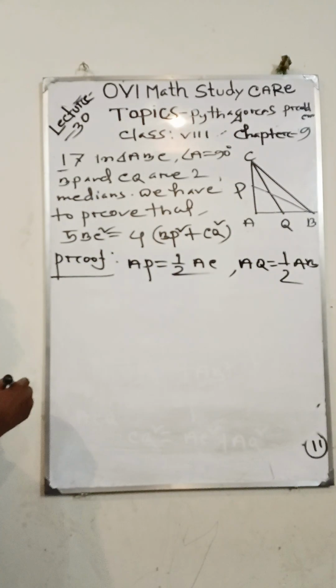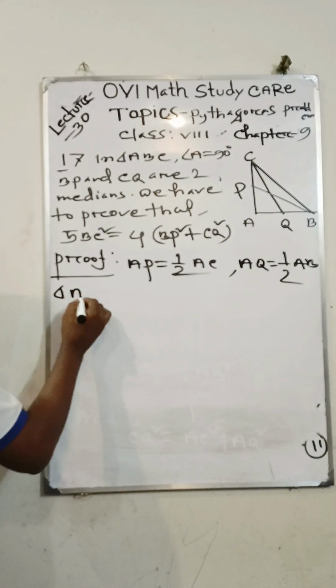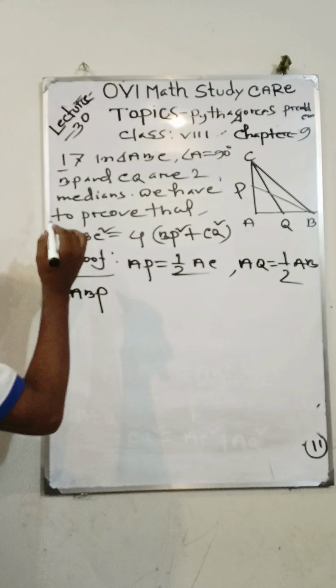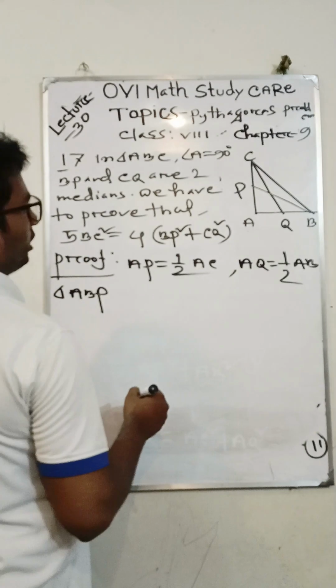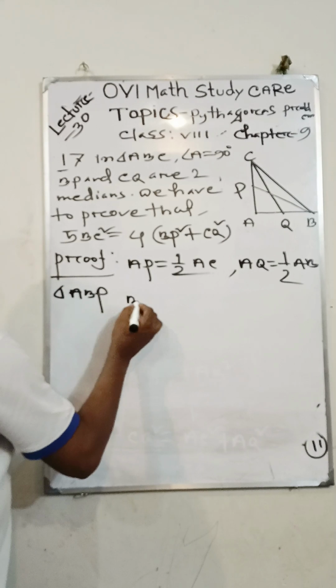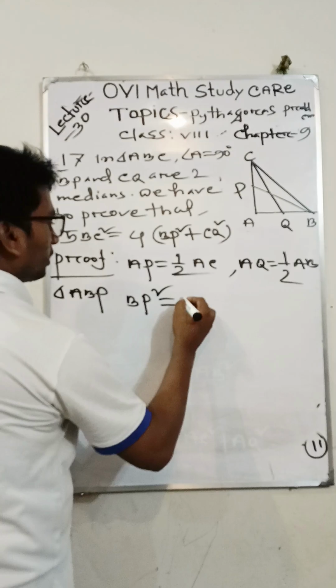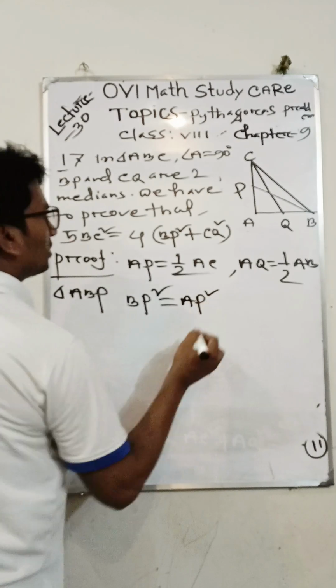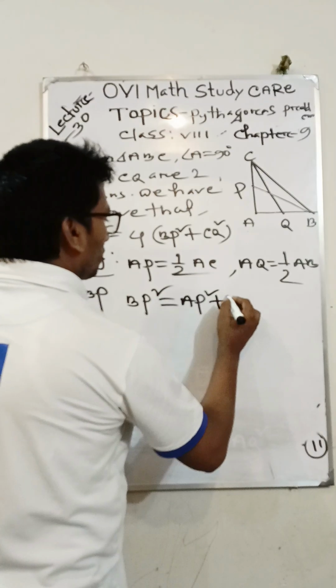Now from triangle ABP, according to the Pythagoras theorem, we can write BP square equals AP square plus AB square.